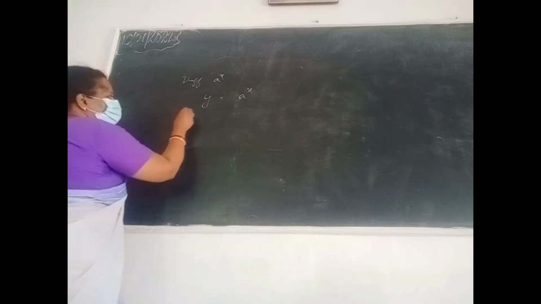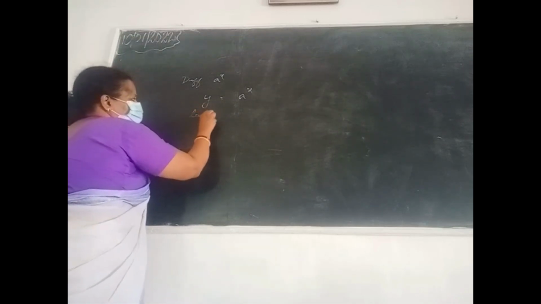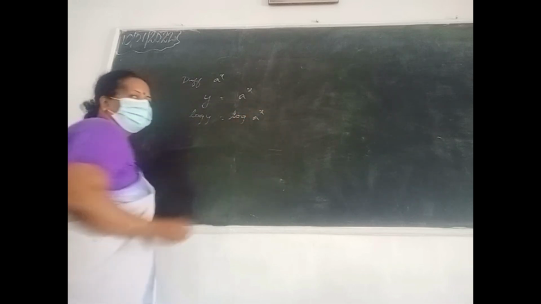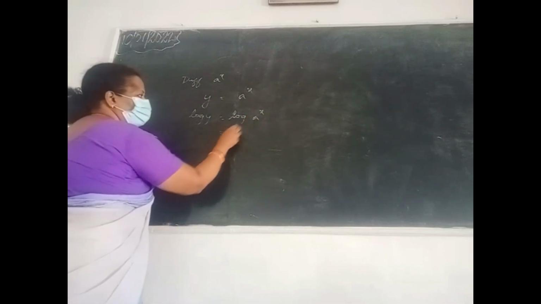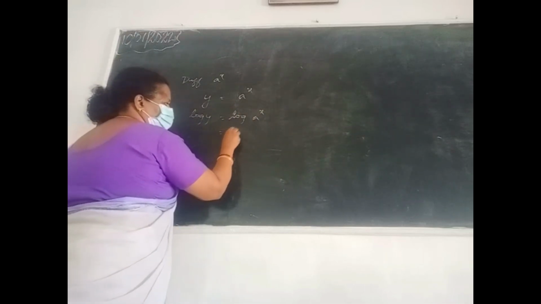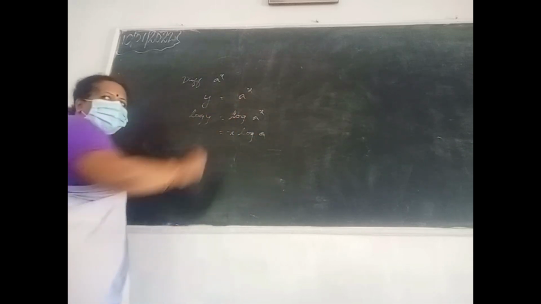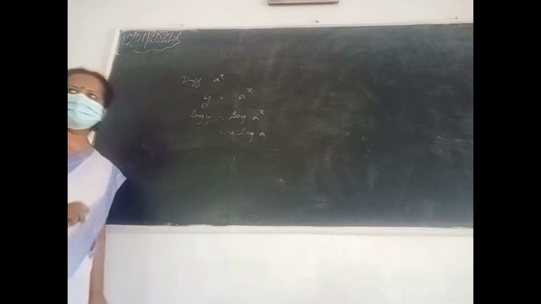So log y equals log a raised to x, which is x log a. What is this a? A is a constant. Only x and y are variables. All other letters will be constants. So we got log y equals x log a.